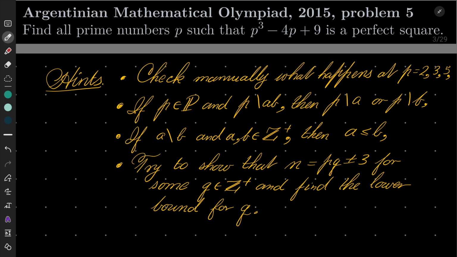And finally, try to show that, let's assume that this number equals n squared, and show that n equals pq plus or minus 3 for some positive integer q, and then find the lower bound for q. So give this problem a try and I will see you in a minute.